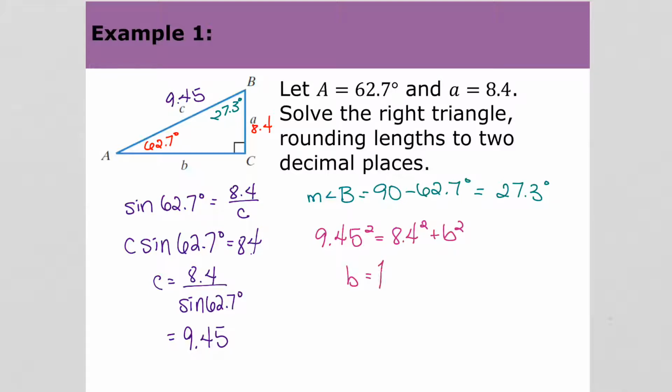So b will be the square root of 9.45 squared minus 8.4 squared, which is the square root of 18.745, which is approximately 4.33. And now we have solved our right triangle because we found all the other angles and sides.